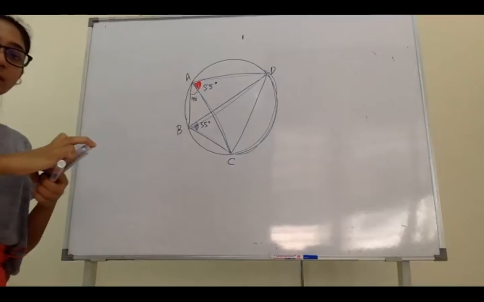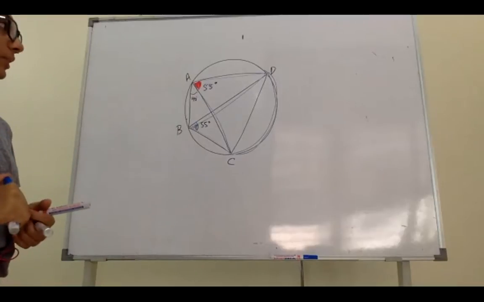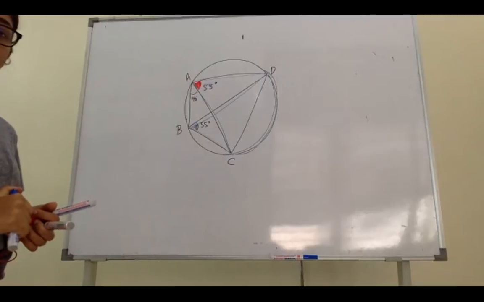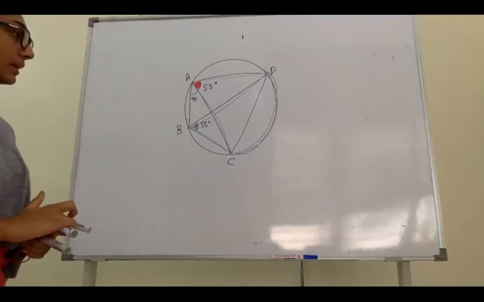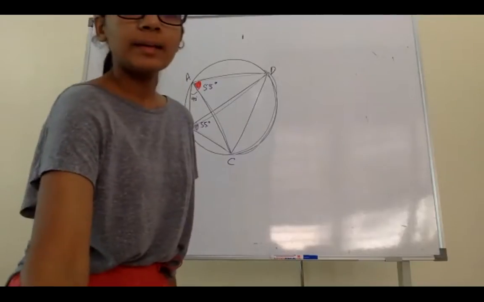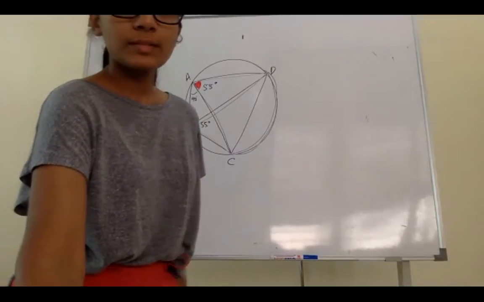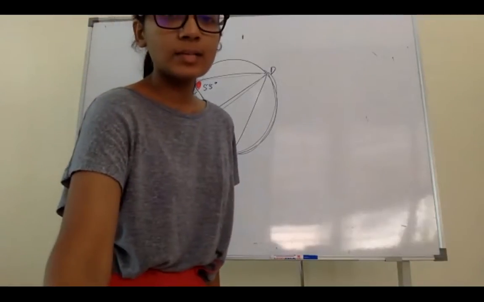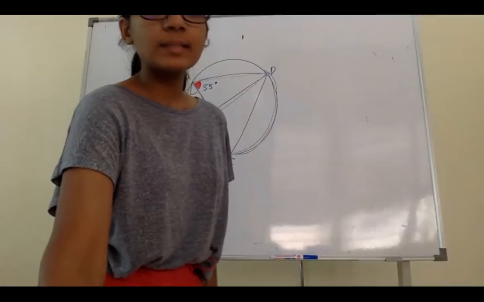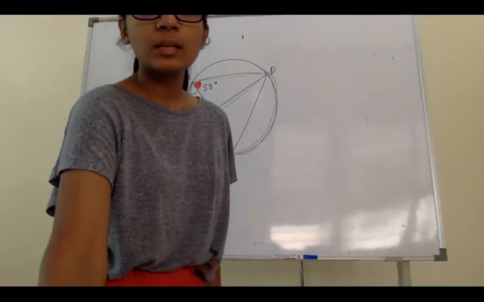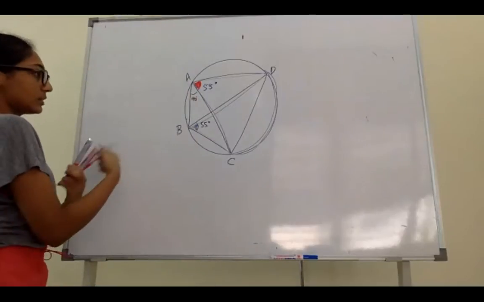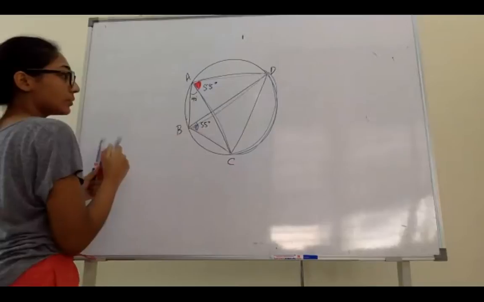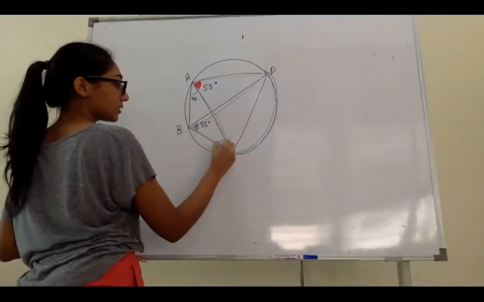Can y'all see that? Okay, that's the first one. Next, they're asking to find DCB. I got 85 degrees. DCB will be this one.